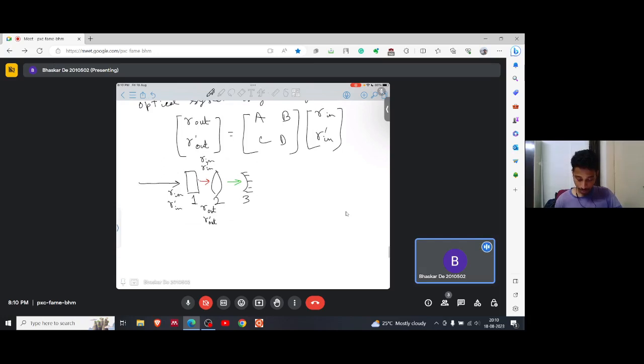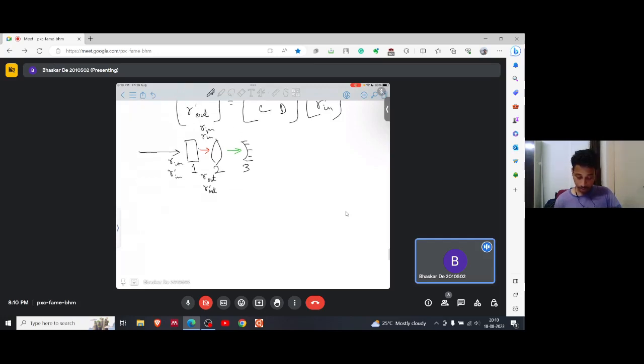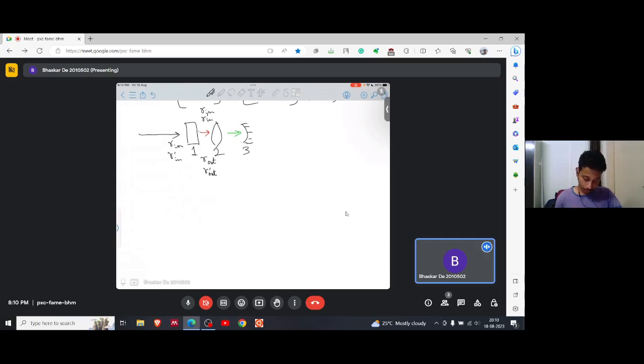Then again we will have R out and R out dash here, and that will be used as the R in and R in dash for this mirror. So basically we need to calculate R out and R out dash here.